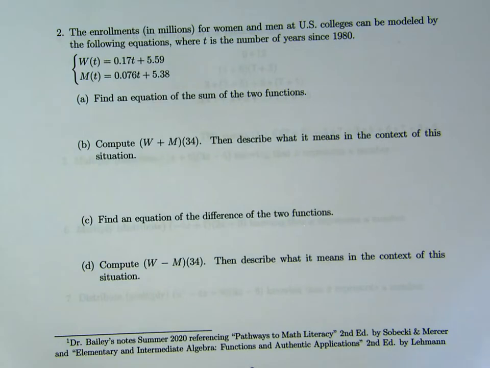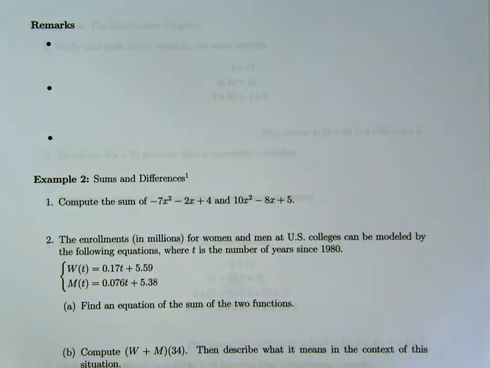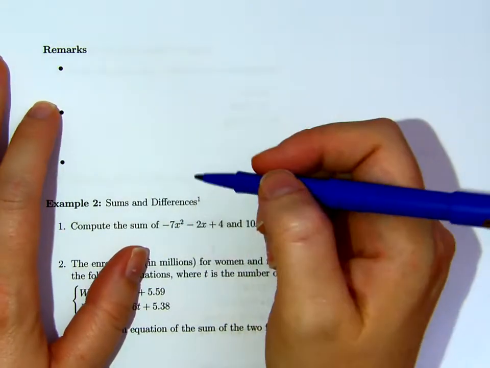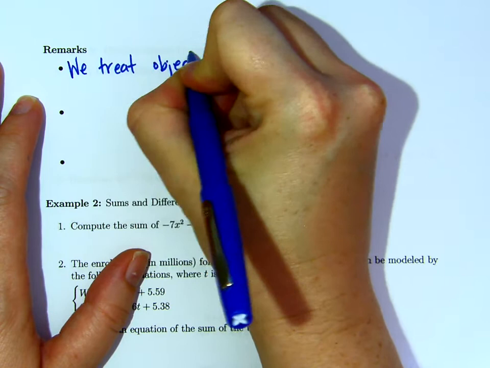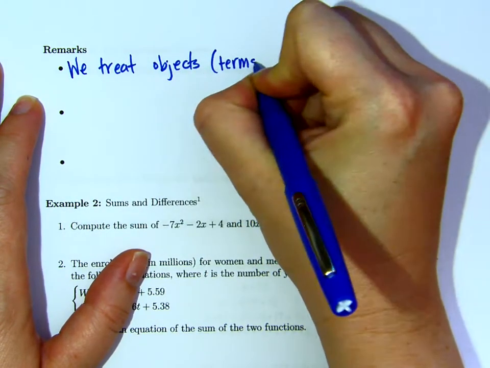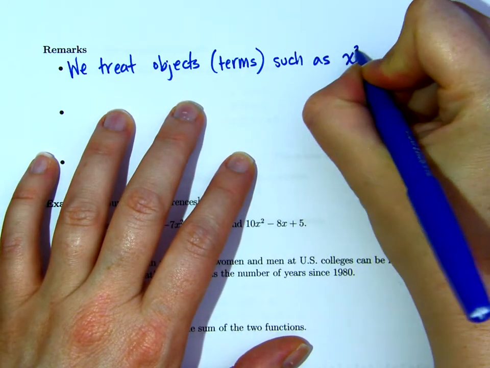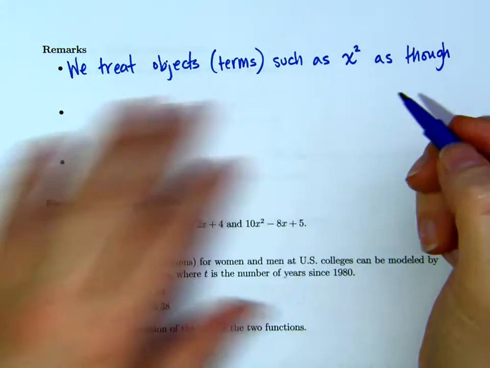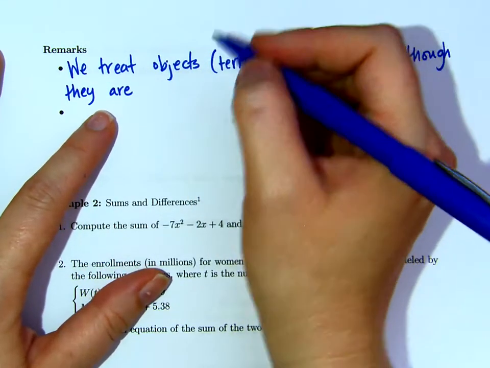Okay. A few remarks about this. We treat objects such as x squared, also known as terms, as though they are like other x squareds.